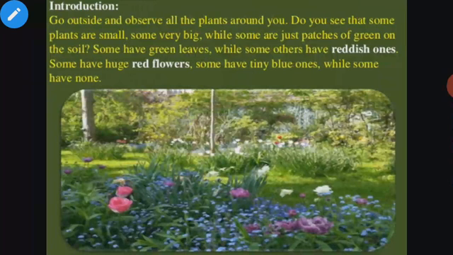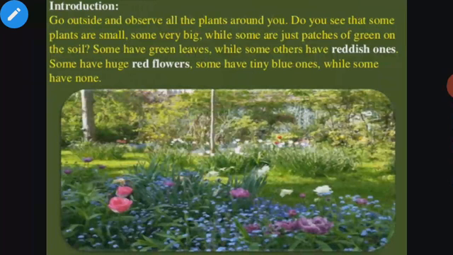When we go outside and observe all the plants around us, do you see that some plants are small, some are very big, while some are just patches of grasses on the soil? Some plants have green leaves, while some others have reddish ones.